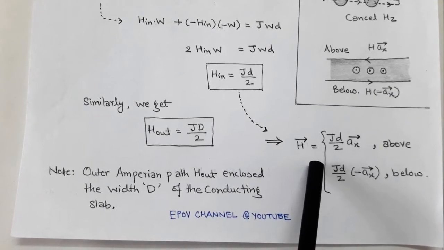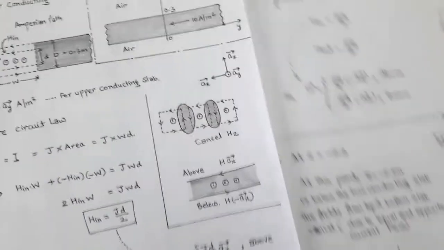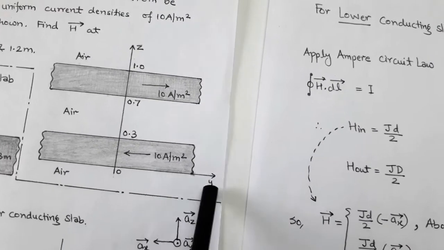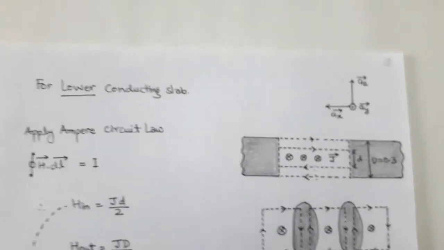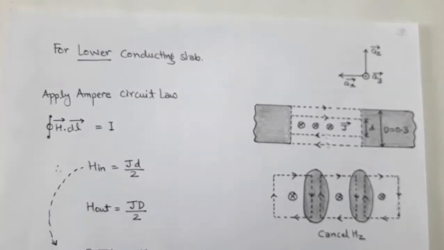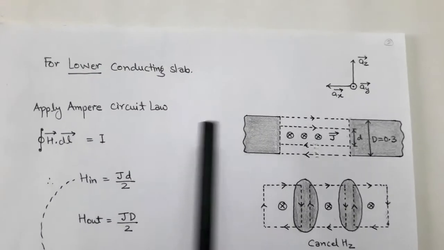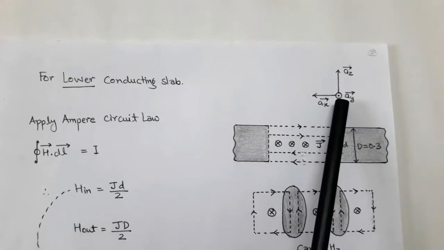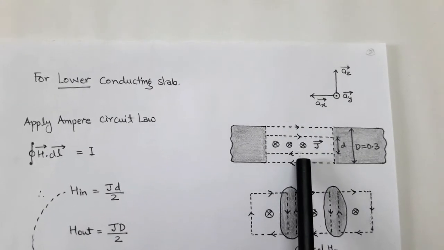Now we consider a lower conducting slab, and in the lower conducting slab the current density of 10 ampere per meter square is flowing towards negative y direction. Now we consider a lower conducting slab in which the current is flowing towards the negative direction of unit vector y.